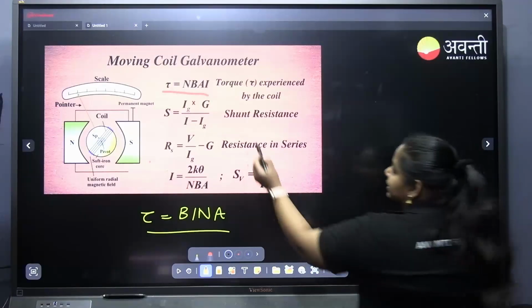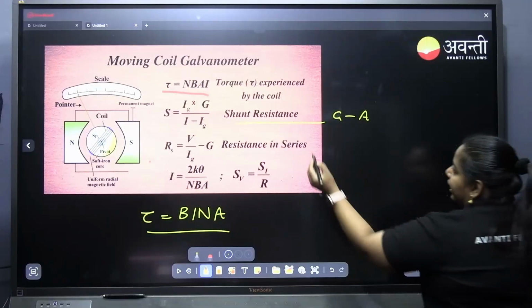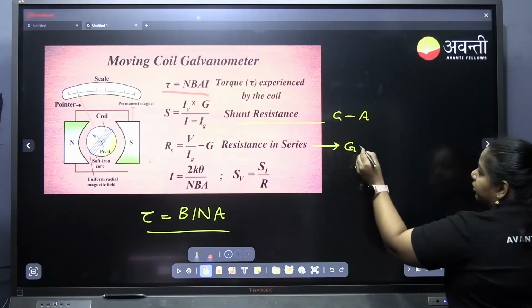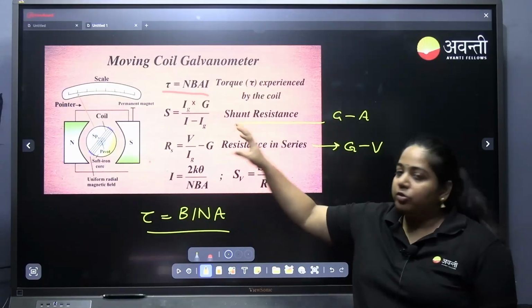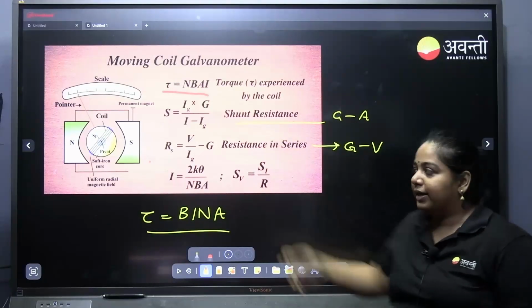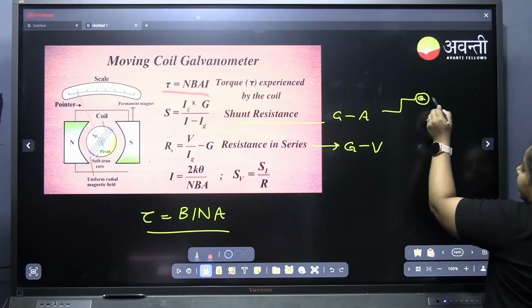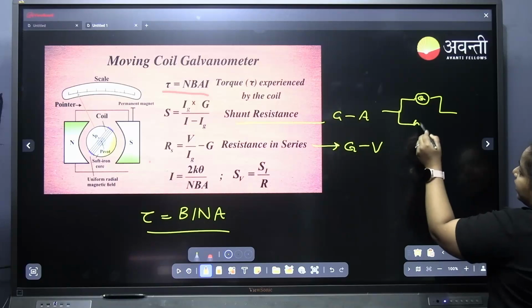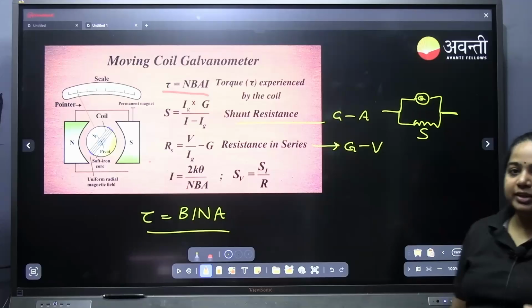Now this is conversion of galvanometer to ammeter. This is the galvanometer to voltmeter formula. If we have to convert a galvanometer to an ammeter, we should connect a resistance in parallel to the galvanometer. This resistance is called the shunt resistance.